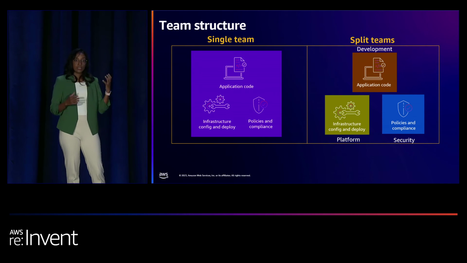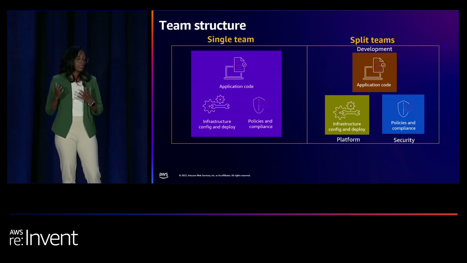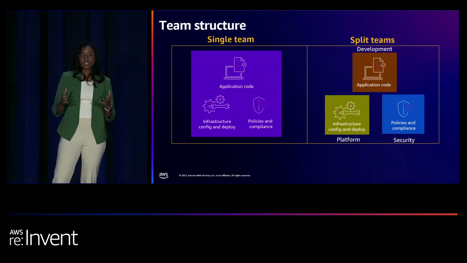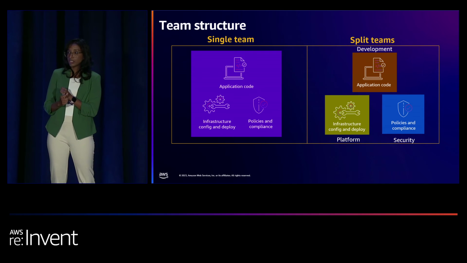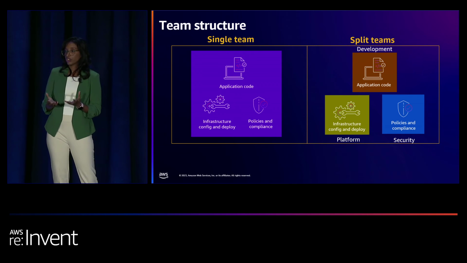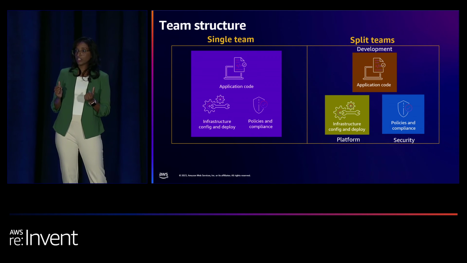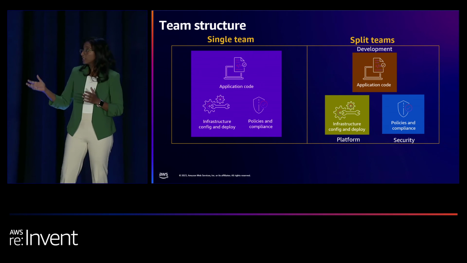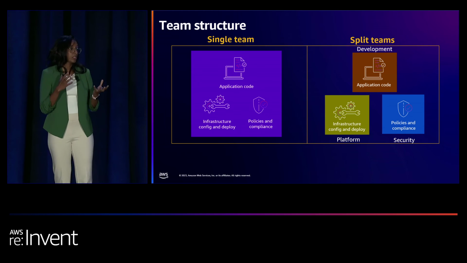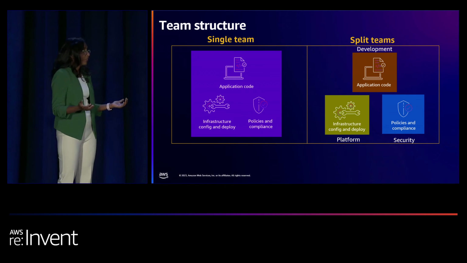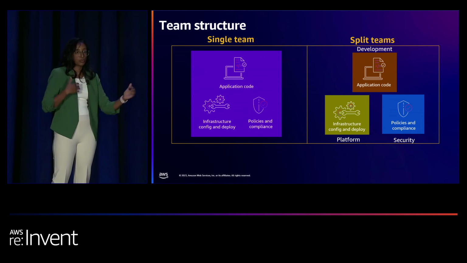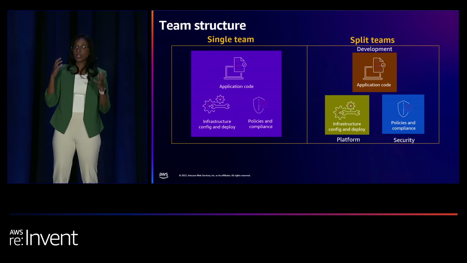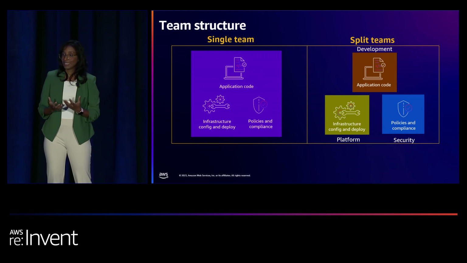So we see organizations use one of these two models when structuring their teams. The first one is where you have a single team that builds the application end to end. So this is the team that will do the application development, build the infrastructure to support that application, and also do security. Now, this model has the lowest friction when it comes to refactoring, because all the changes that we talked about, changing from Lambda to DynamoDB streams, all can be done within that same team.